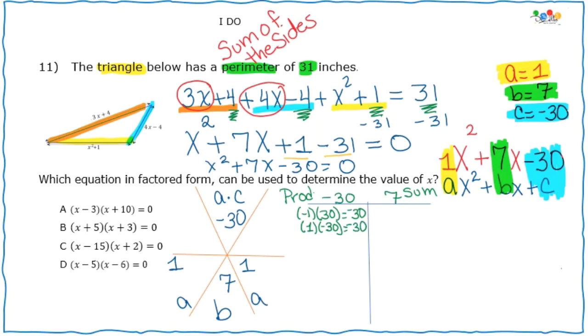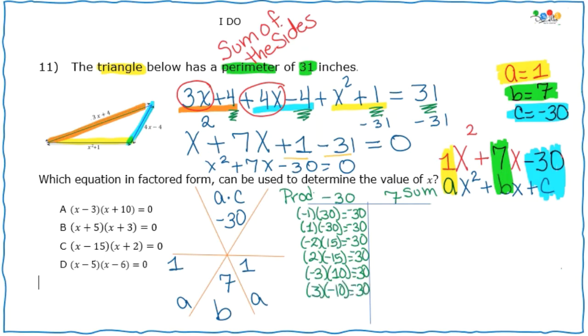Okay, how about 2? Negative 2 times 15. Very good. And I still get a negative 30. Then the 2 is positive, but the 15 is negative, which gives me a negative 30. How about 3? Okay, so let's do negative 3 times 10, negative 30, right? Next one is 3 times negative 10.